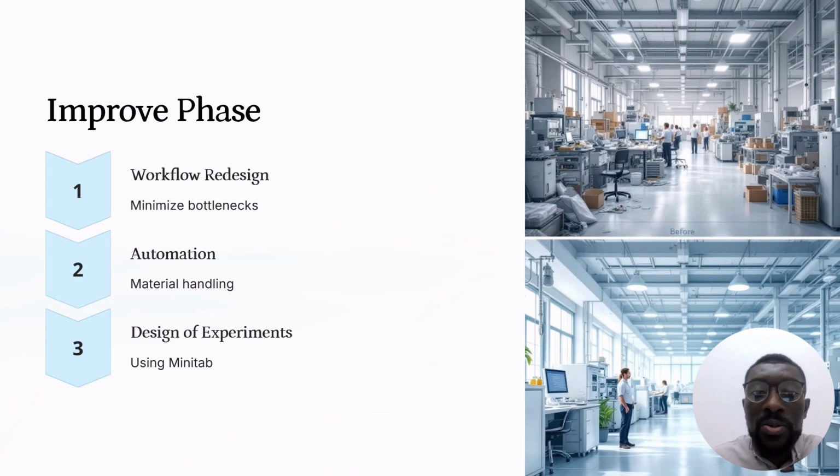And then we also look at automation, which was the material handling, how we could better use our material, as well as designing the experiment better using Minitab. On the right hand side, one of the examples was fixing the environment.